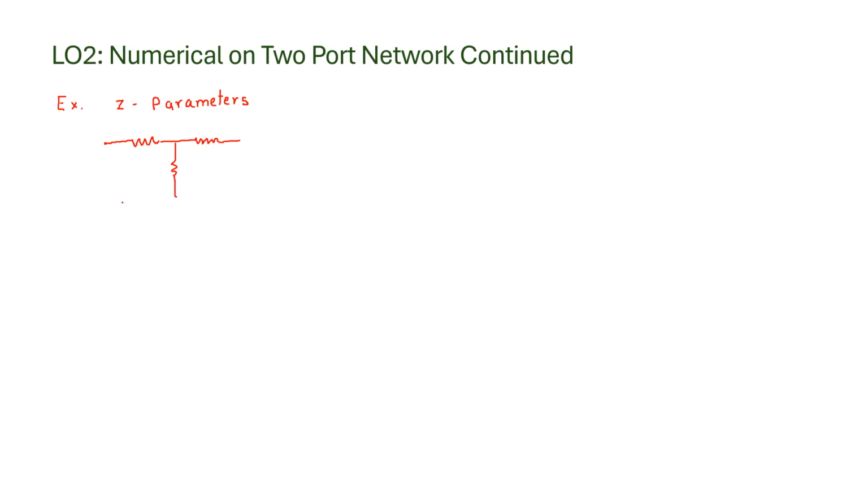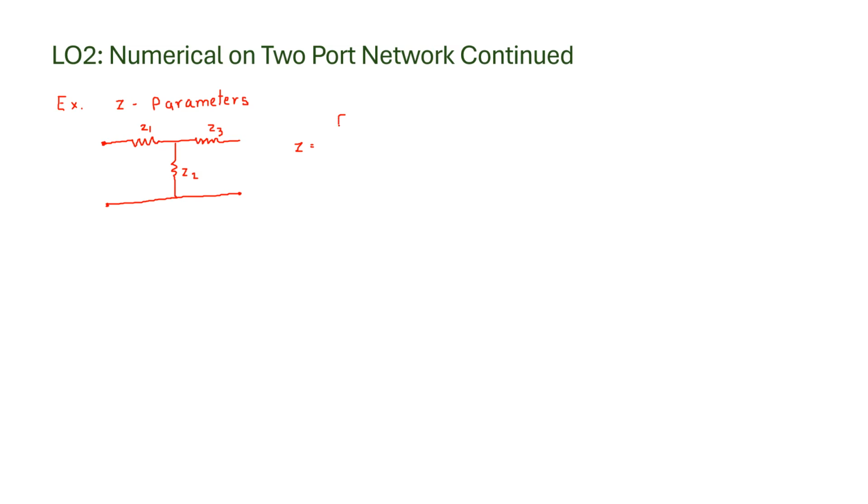I call it a reference network because by using the Z parameters of this reference network, I can find out the Z parameters of some other circuits. Suppose this is Z1 ohm, this is Z2 ohm, and this is, say, Z3.